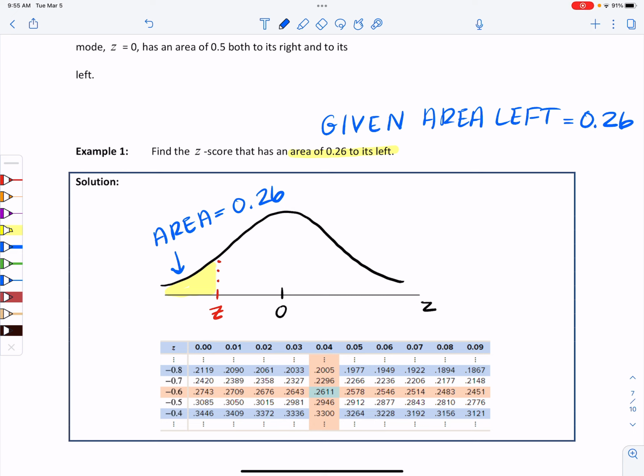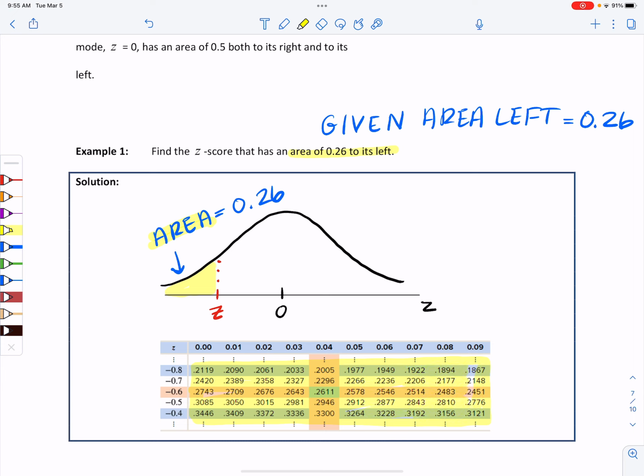So in terms of using our table to do this, what we have to remember is that areas, which is what we're given here, are found inside the table. When you go to your table with an area, you don't look it up on the outer edges like we did with z.